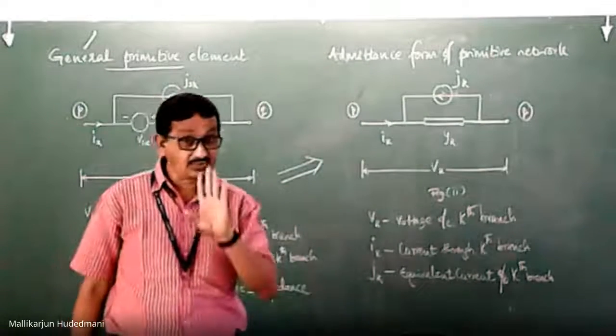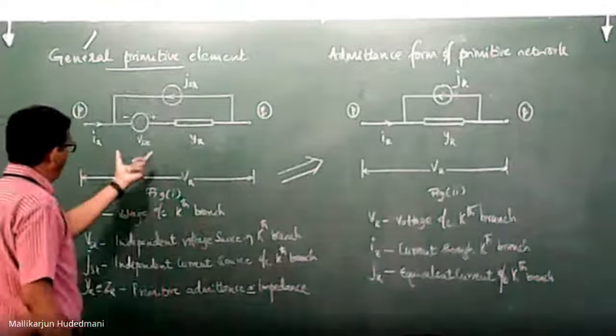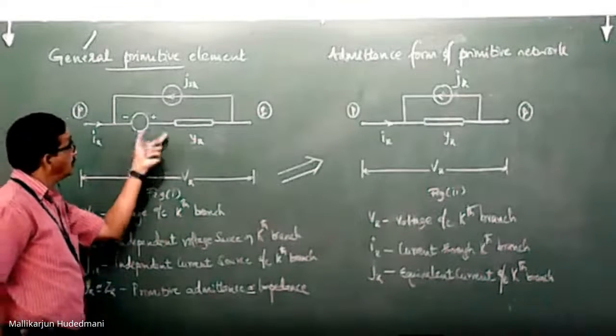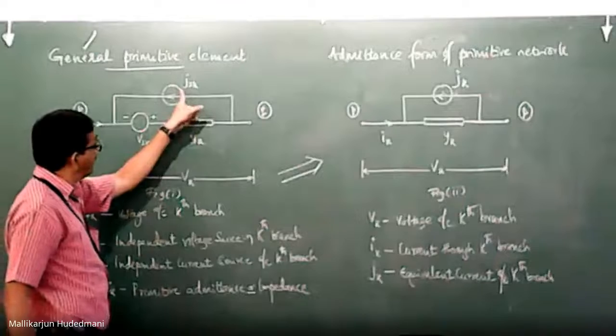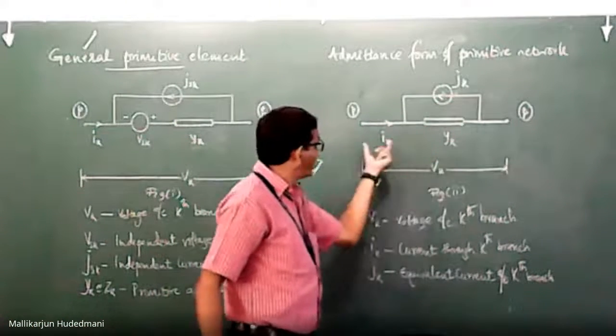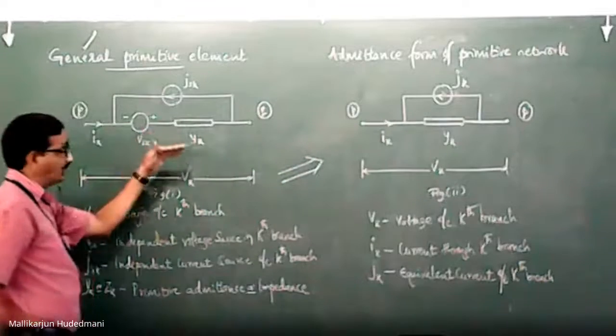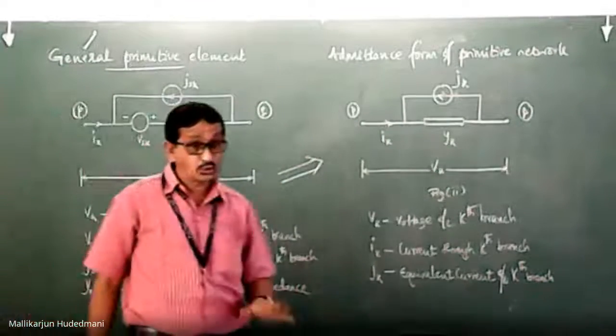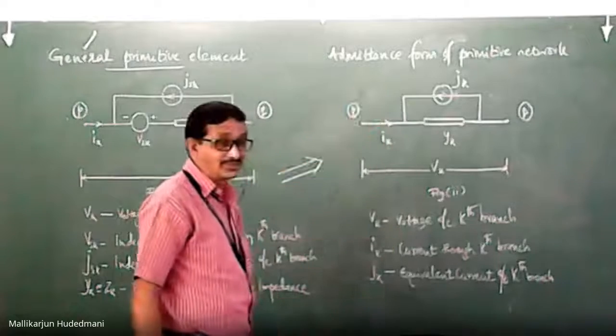Once it is done, observe a change. Vsk disappeared. Jsk disappeared and got transformed as Jk. And Vk remaining Vk, Ik remaining Ik, current through kth branch. Now my work is to show you the outcome of this.